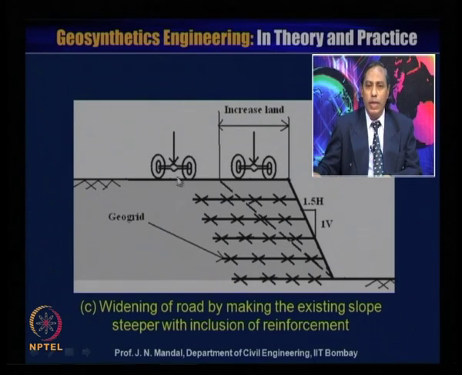In a lot of NHAI projects it is required for the widening of the road. So if it is a widening of the road, you can introduce this number of layers of geogrid reinforcement. You can make a slope of 1.5 horizontal to 1 vertical, and you can increase the land. So vehicles can pass through this.